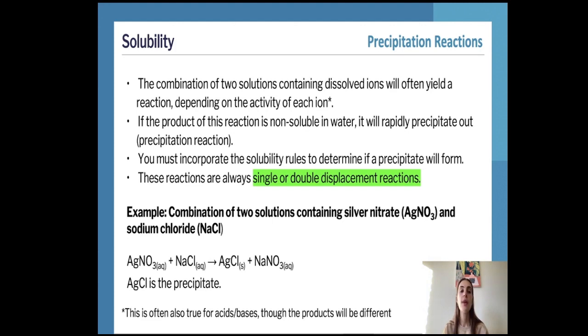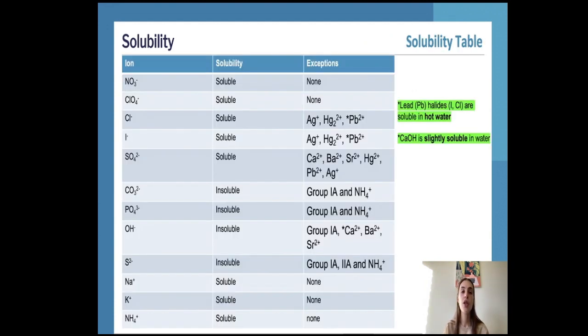You must incorporate the solubility rules to determine if a precipitate will form, using our table from before. If you have AgCl as a product, you will know that that's an exception to the chloride ion rule, and hence there will be a precipitate, or an AgCl solid, produced in the reaction.